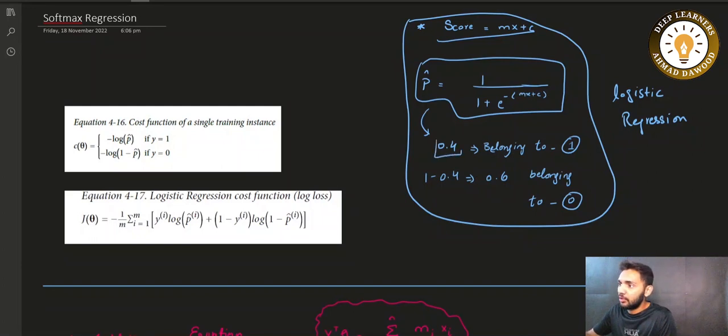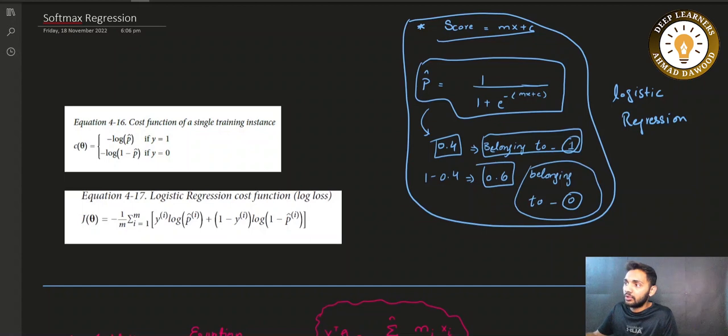Let's say the probability of belonging to class 1 is 0.4. We have squeezed our value into the range of 0 to 1 by applying the logistic function. So if 0.4 is the probability of belonging to class 1, then the opposite side, 0.6, is the probability of belonging to class 0. Whatever threshold we usually set in the binary case, we get the prediction accordingly.